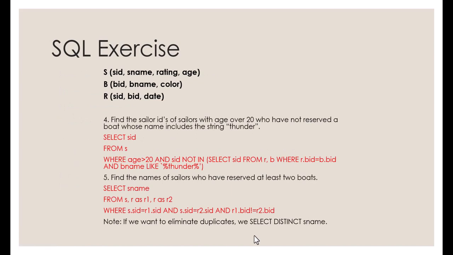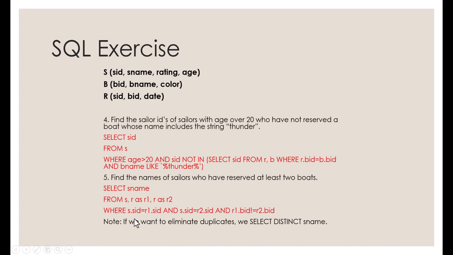Number 5, find the names of sailors who have reserved at least 2 boats. So we're looking at 2 different instances of reservation. We have select S.name because we're looking for the name of the sailor, and then we have S, and 2 different reservations, R as R1, R as R2.